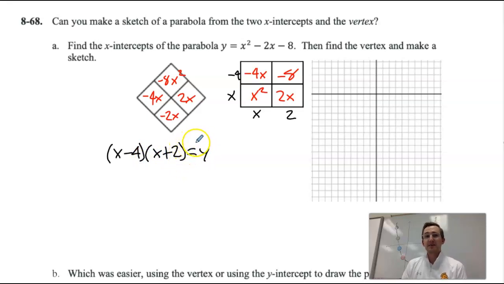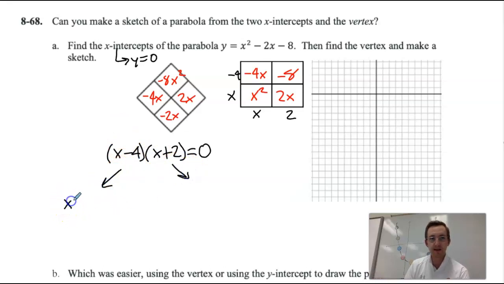So again, our x-intercepts tell us where y is equal to 0. So if we take that y and turn it into a 0, basically we're plugging in 0 for y. We want to find the x values that make this thing equal 0. So we want to make 2 equations here where we set both of these 2 things equal to 0.